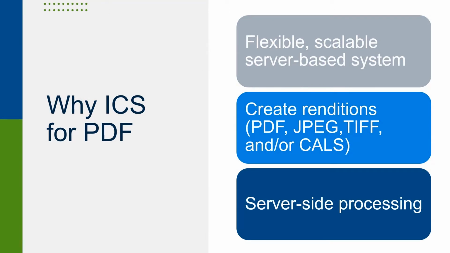So, first off, before you can learn the value of the ICS or PDF solution, you should understand why you should use it and what it's all about. First, it's a very flexible and scalable server-based system.